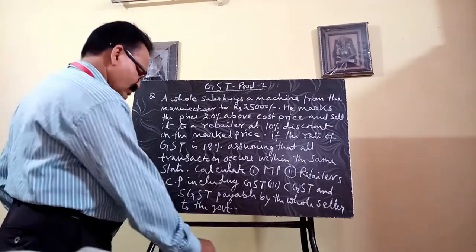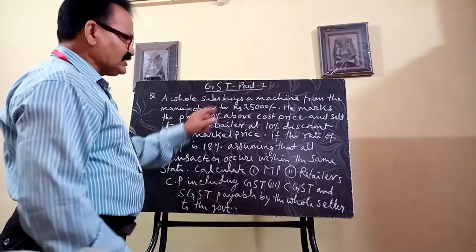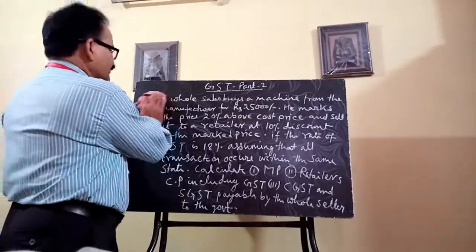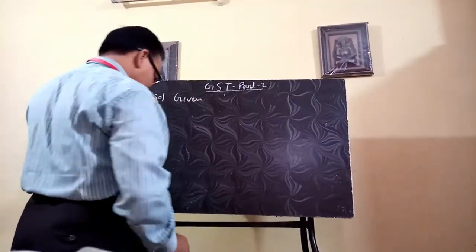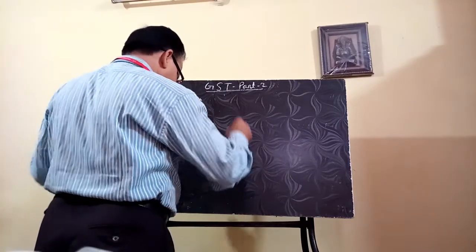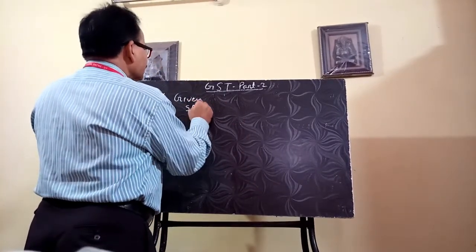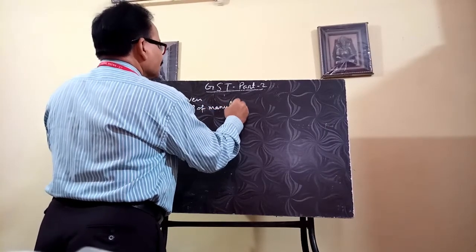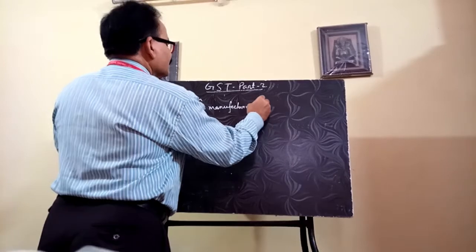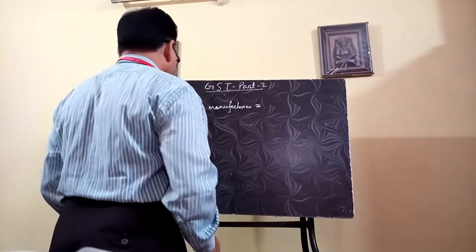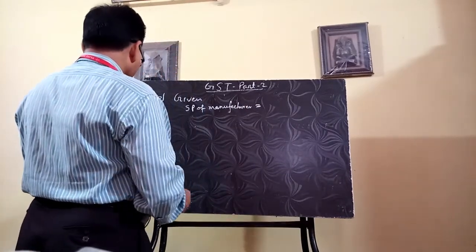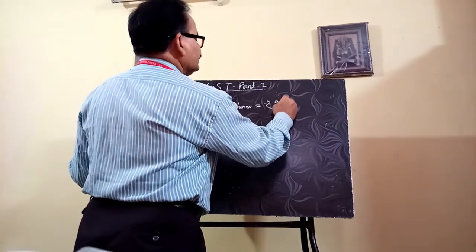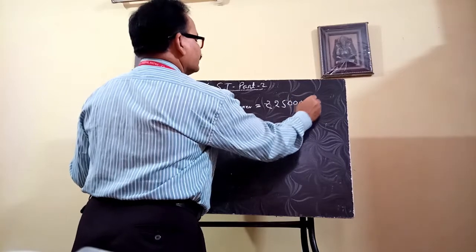Okay. So first of all, from this question you have to write the given part. The given part is the SP of the manufacturer, which in this question is rupees 25,000.